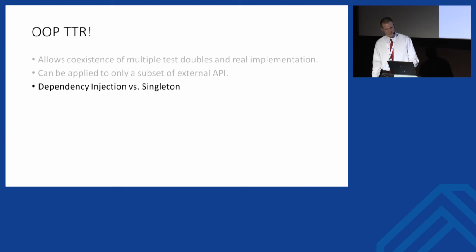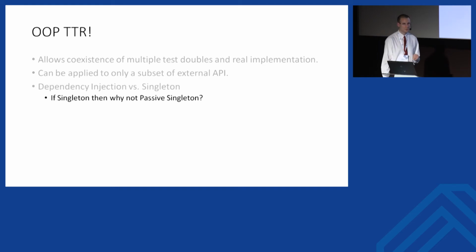There is this problem of dependency injection versus Singleton, because the other approach to dependency injection is to use Singleton. Instead of directly taking the interface in the constructor, you just assume that there exists a single implementation of the interface, and you get it from the Singleton pattern. And if you go this way, and I would go this way with interfaces like Logger, for example, then why not passive Singleton?